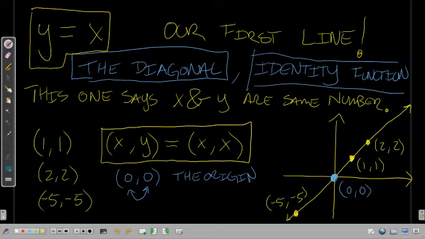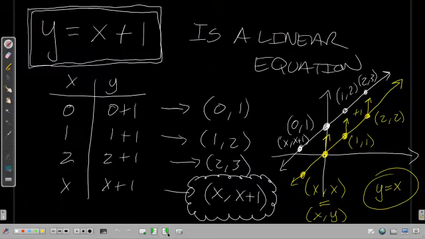Now that's for this diagonal. When I change to this line, it's exactly like the diagonal, but has the +1. So then it says that your strategy for determining what the y value should be is to first take the x value and then add 1.